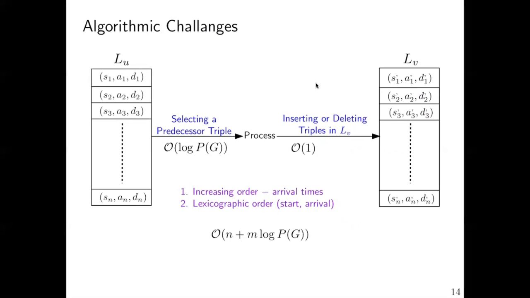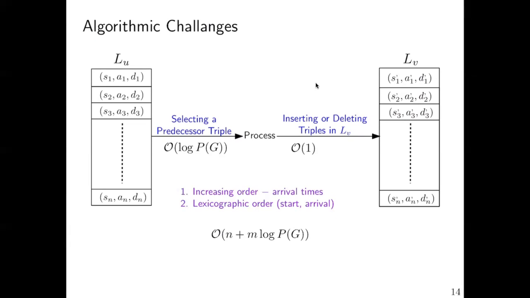In order to resolve these algorithmic challenges, we have come up with two ideas. The first is that we process all the edges in increasing order based on their arrival times rather than departure times. This is our key first idea.